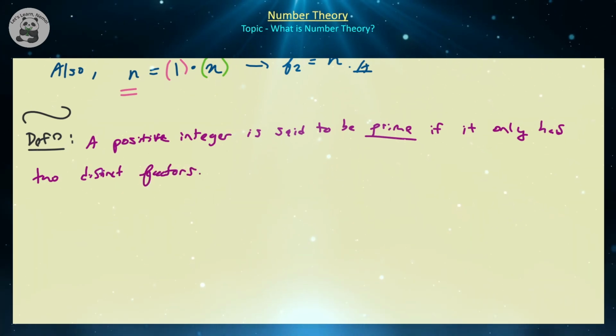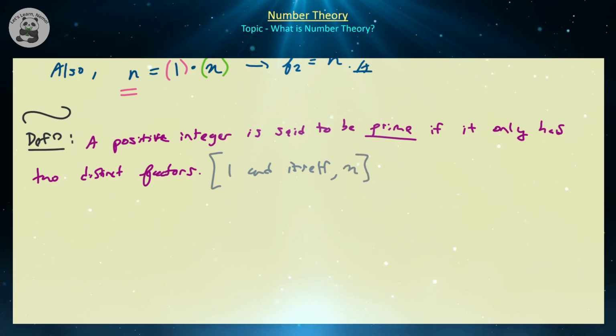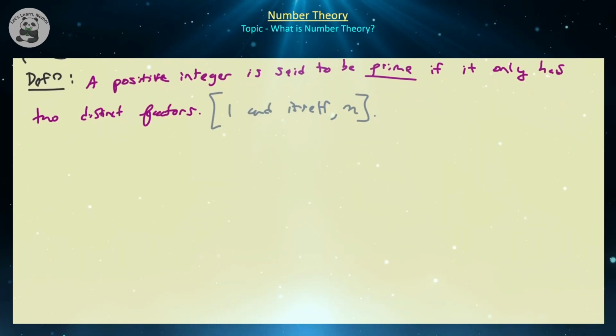And from the previous theorem, that means 1 is always a factor, and n itself must be the only factors of that particular positive integer. So if 1 and n are the only factors of that integer, then we say that integer is a prime number, or prime integer, I guess you could say as well.